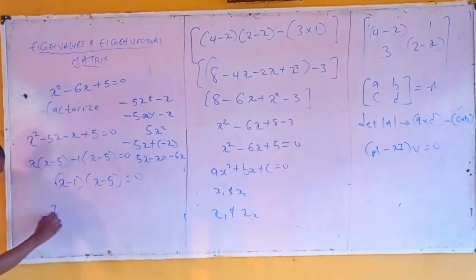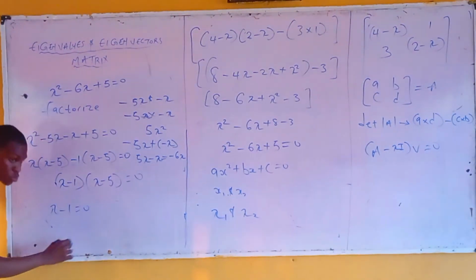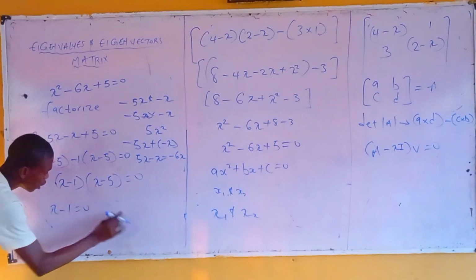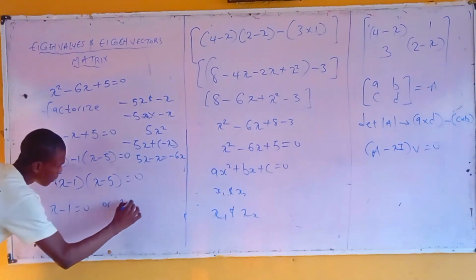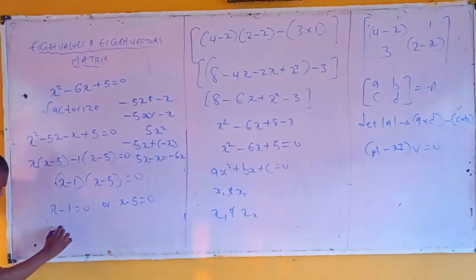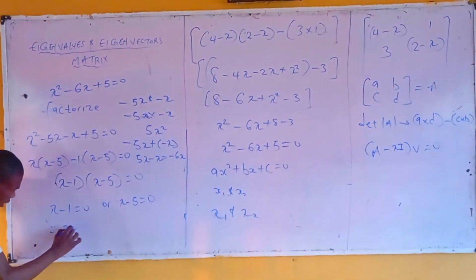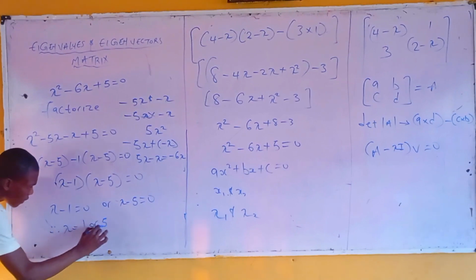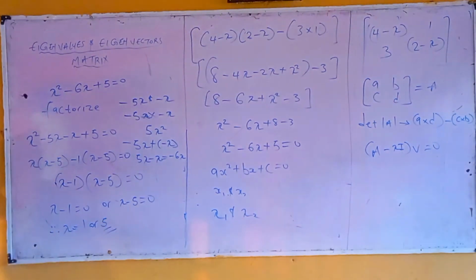Now separate. Lambda minus 1 equals 0, or lambda minus 5 equals 0. Make lambda the subject of the formula. Therefore, lambda equals 1 or 5. Any questions so far?